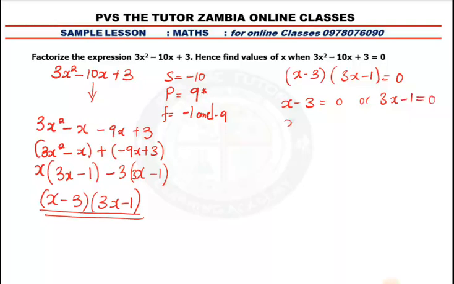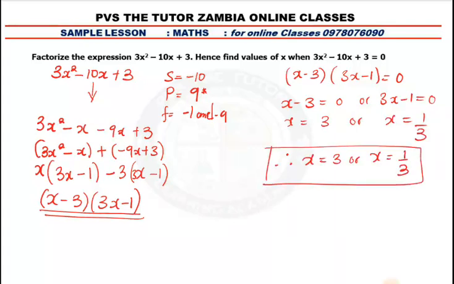So here we get x is equal to 3. If you collect the like terms and divide, you just get x equal to 1/3. And therefore we can now conclude and say x is equal to 3 or x is equal to 1 over 3. Here you get the correct answer and you're off to go.